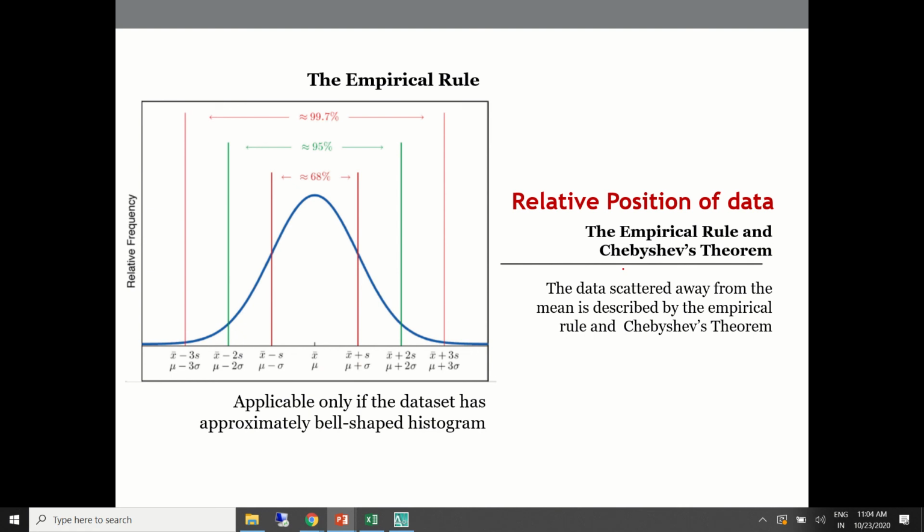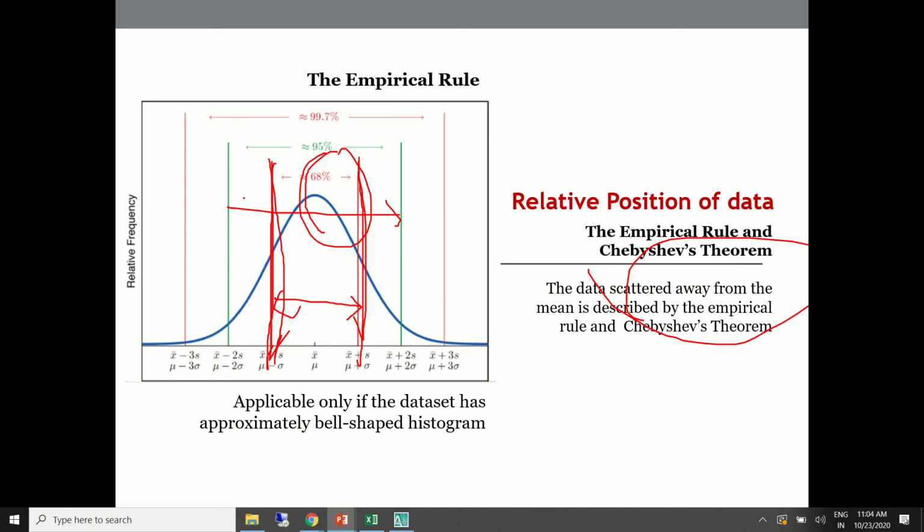There is a theorem called Chebyshev's theorem, which says 68% of the data should fall within this range, 95% of the data within the next range, and 97 or 99% of the data within the third range.